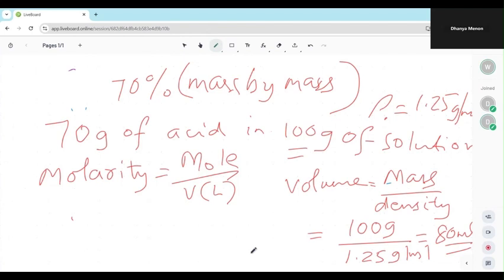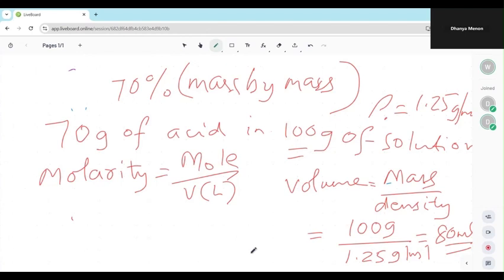Okay, now over here, this is the volume. I'll just rub this part.